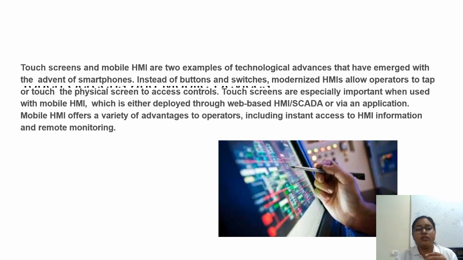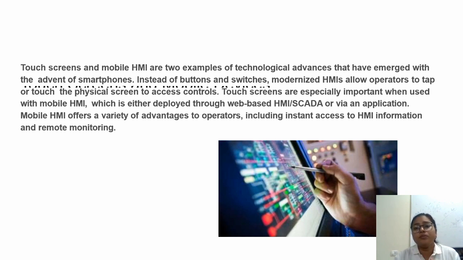So what is it saying? Let's take an example: touchscreens and mobile HMI are two examples of technological advances. We are using touchscreens or Android phones nowadays, which are so well designed that we can easily operate our mobile phones.